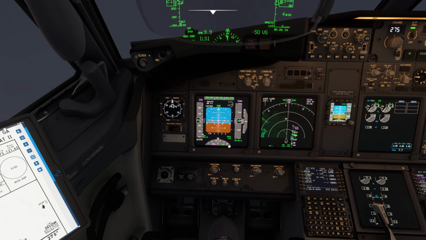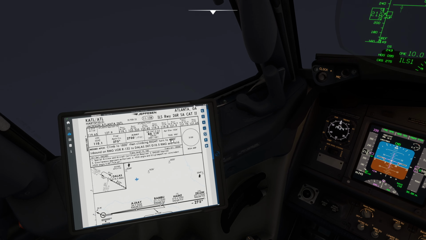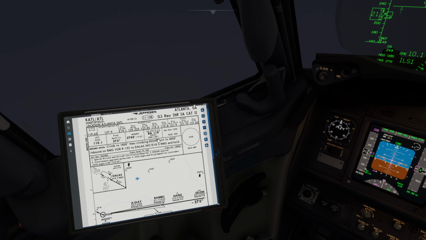Don't forget to set minimums to a radio altitude by rotating the minimums reference selector to RADIO on the outer selector.